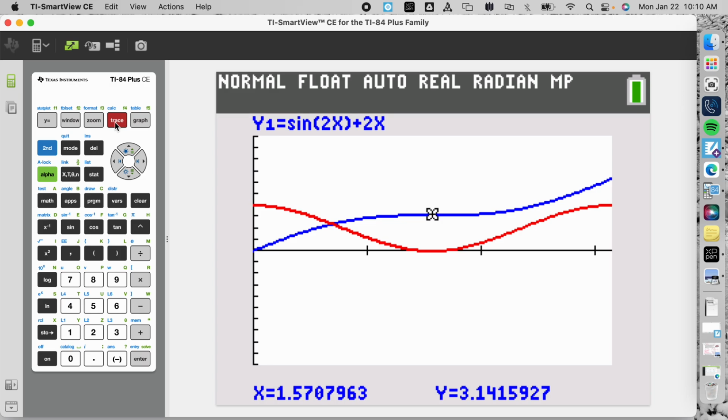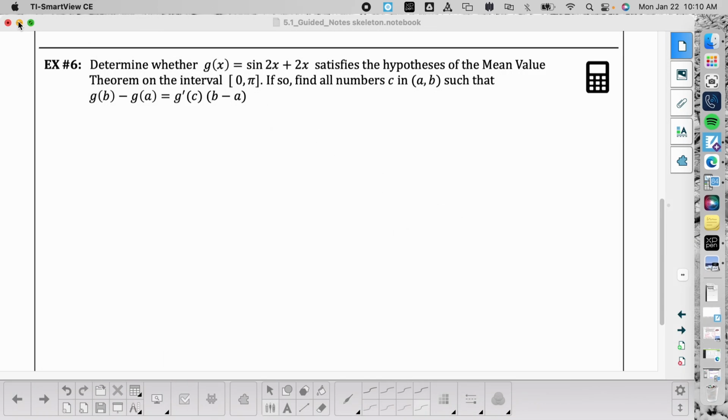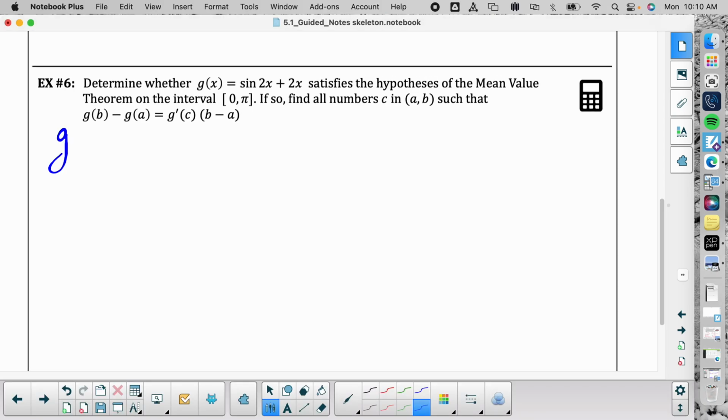All right, so now I need to know what I'm trying to figure out. Determine whether that satisfies: yes, continuous and differentiable. G of x is continuous. Good. G prime of x is differentiable.